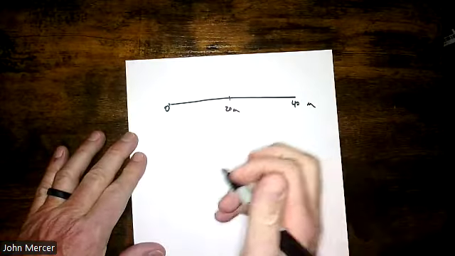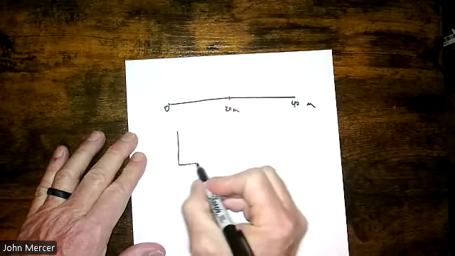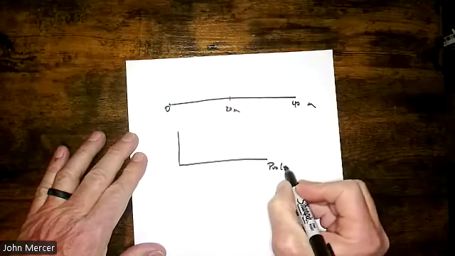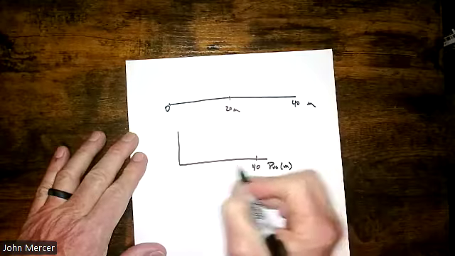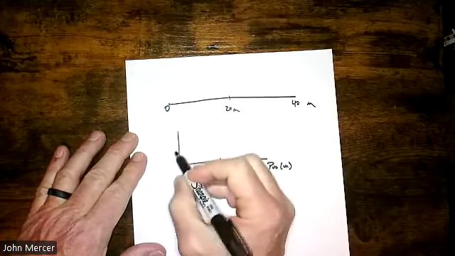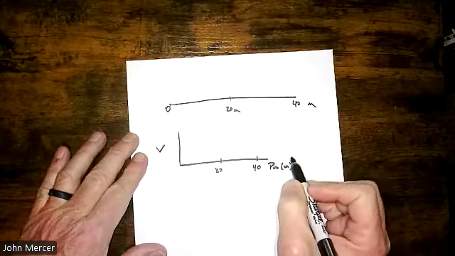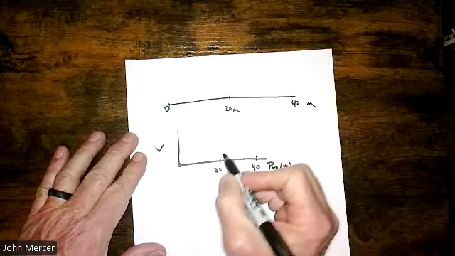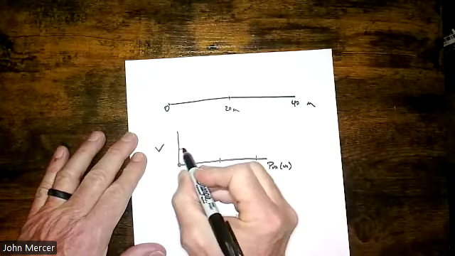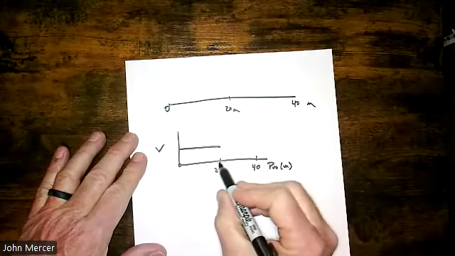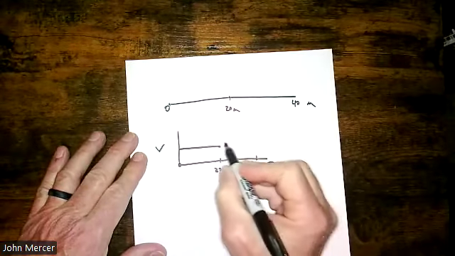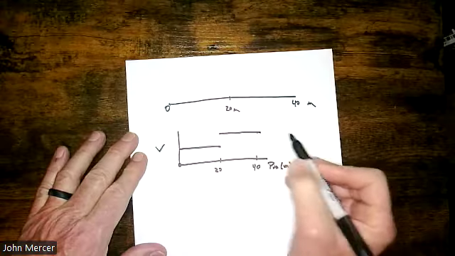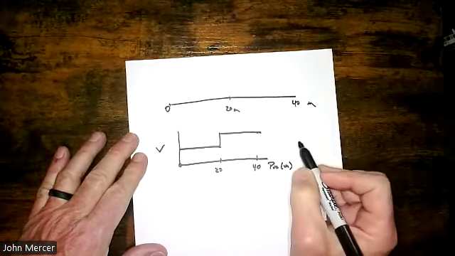And we're going to get a little bit more detail, and maybe our plot now looks like this: position here in meters, here's 40 meters, here's 20 meters, and here's velocity. We know we're starting at 0, and now I get another velocity between 0 and 20 meters, and then I will get another velocity between 20 and 40.